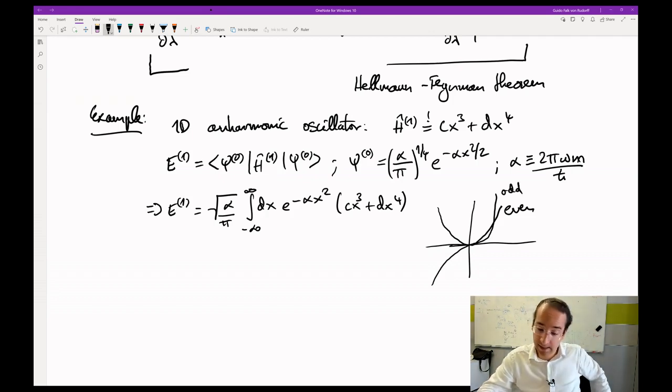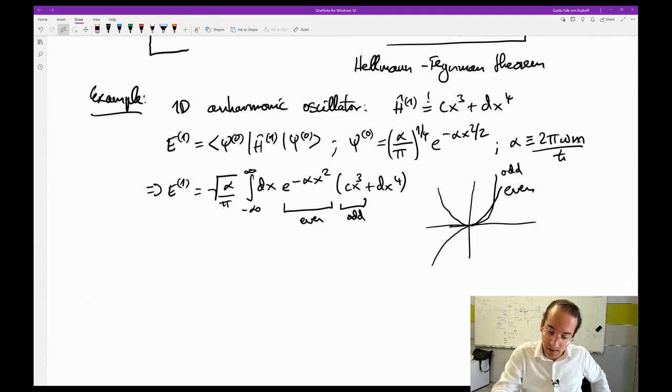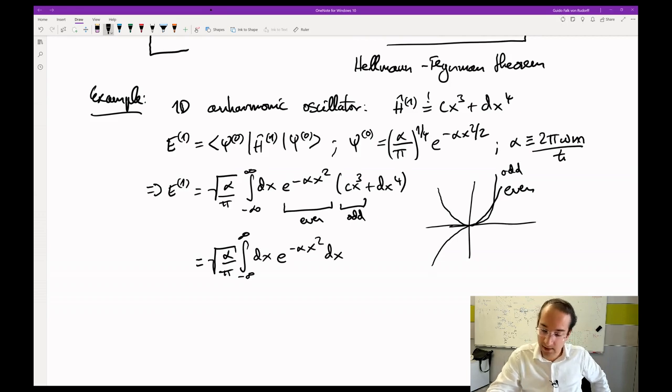So this means that since the first one, this exponential, is an even function, we have an integral over everything where we have some even function times some odd function. And that integral needs to be 0, which is the reason why there is no cubic contribution alone, which is why we need the quartic one. So then what we get is alpha over pi, integral from minus infinity to infinity, x to the 4 d e to the minus alpha x squared, where d is a parameter here, not the differential.